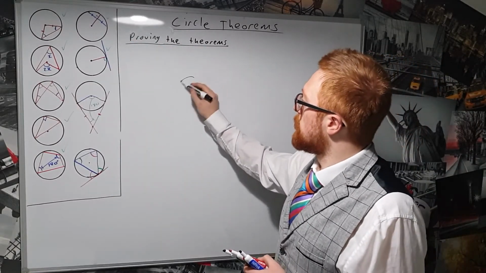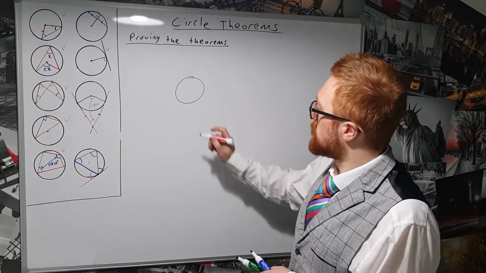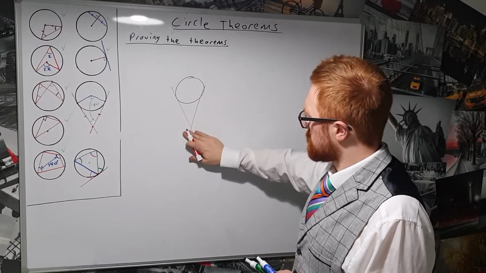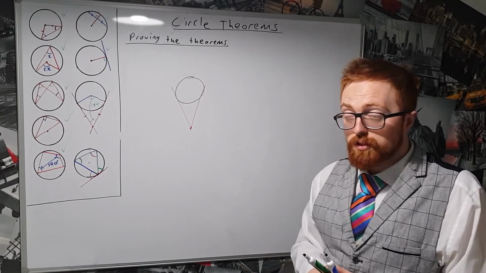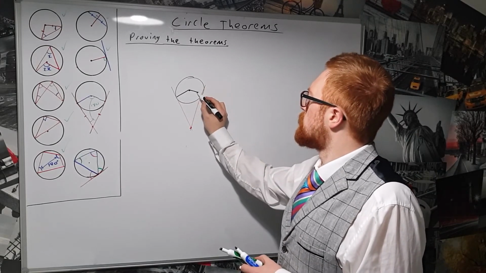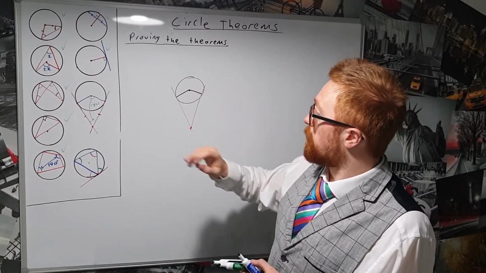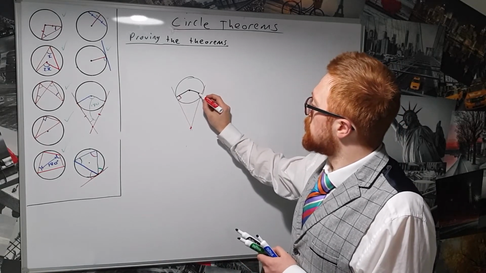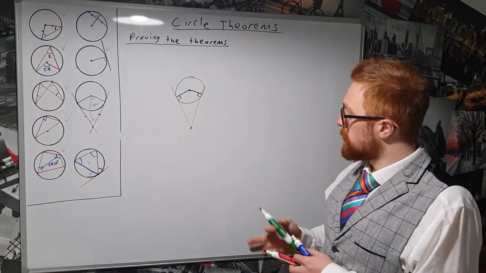Okay, nearly there. So two tangents that meet at an exterior point have the same length. So what we'll do is add on our centre and add on these two radii. Now from this theorem that we've just proven, we know that this is 90 degrees and this is 90 degrees.